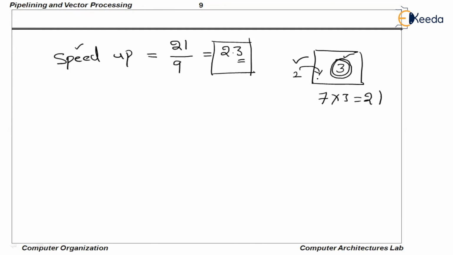So for this reason, total 7 into 3 in a non-pipeline system, 9 we have already seen in a pipeline system. The speed up is improved by a rate of 2.3. Okay, so this is what we can achieve out of a pipeline system.